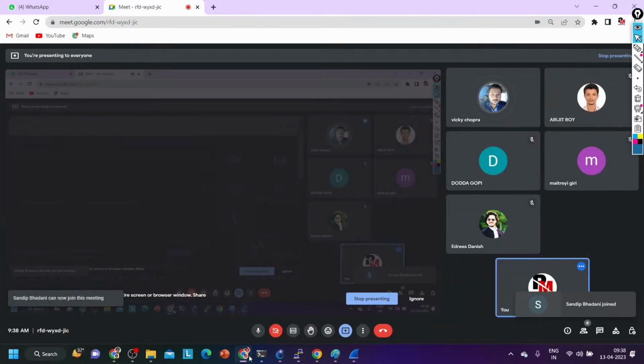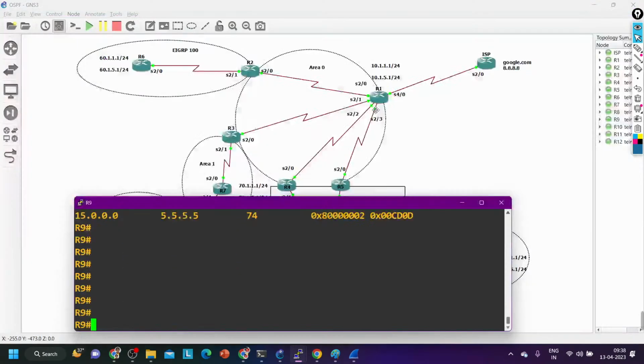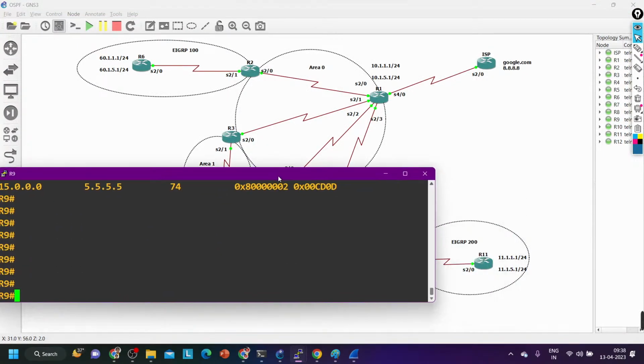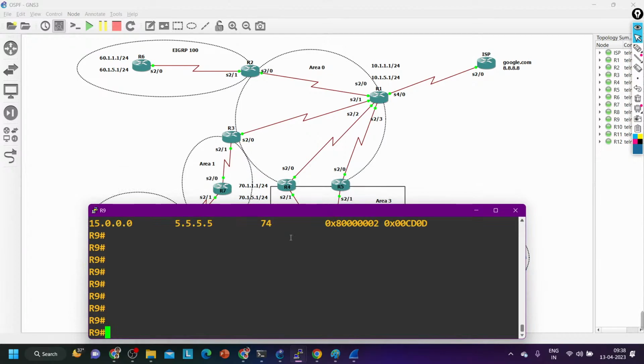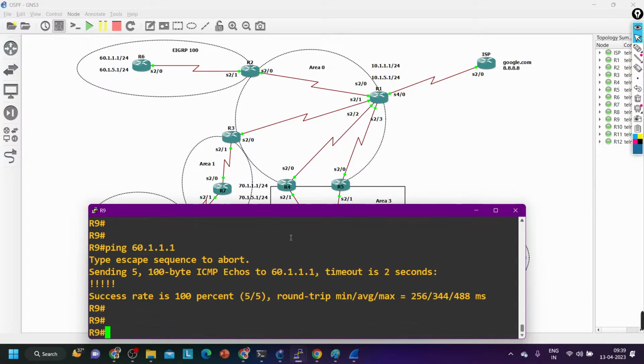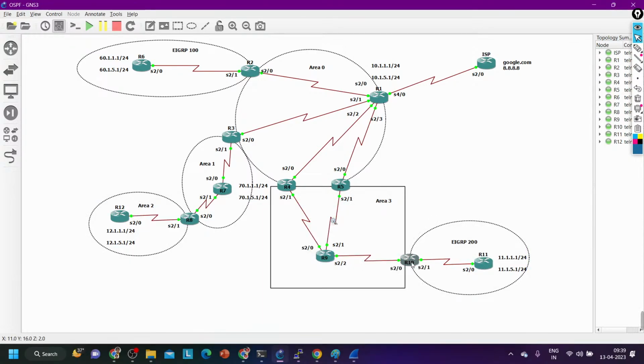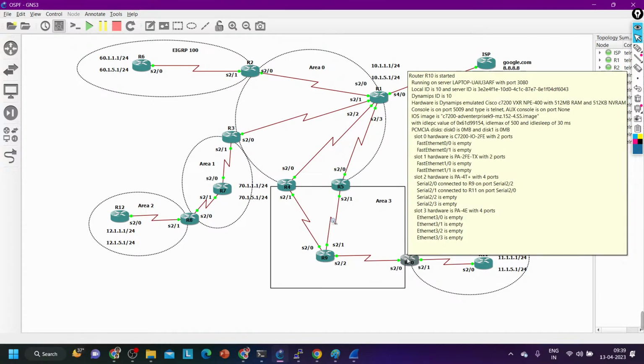Yes, sir. But where is the information about the 11 prefixes? Can I ping EIGRP prefixes? Ping 60.1.1.1. Yes, I am able to ping, but can I ping 11.1.1.1? No, I am not able to ping. So always keep in mind, in a stub area, an ASBR router is not allowed.